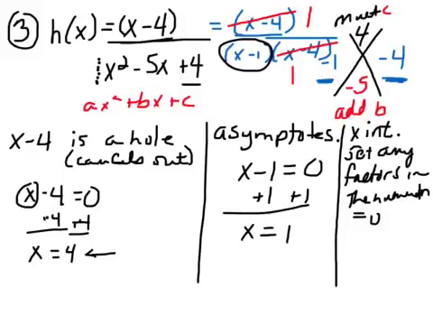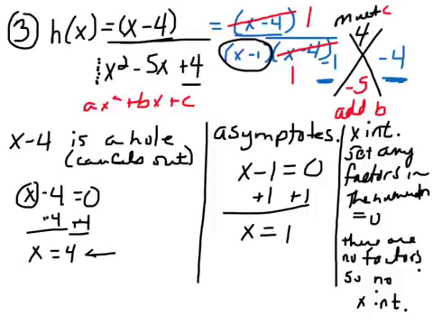Okay, just make sure you're with me. There's not any kind of expression like x minus 4 left up there. It canceled out. Since there are no factors left, there's not going to be an x-intercept here. So there's no x-intercept. And also just know that when you work 1 and 2 in this same section, the same thing's going to happen because there weren't even any factors up there to start with other than just 1.